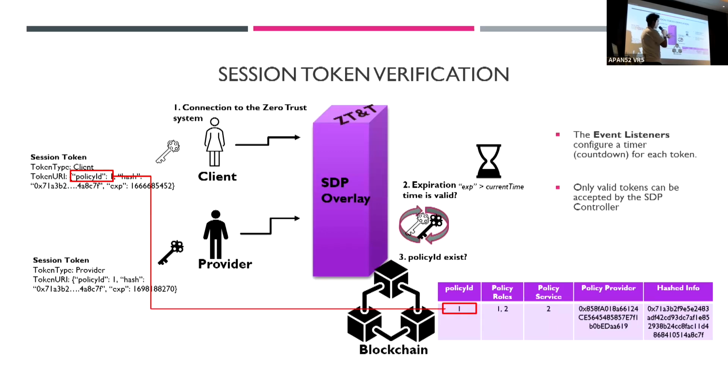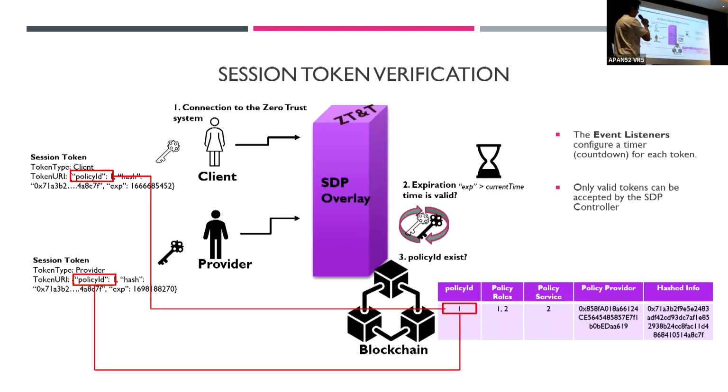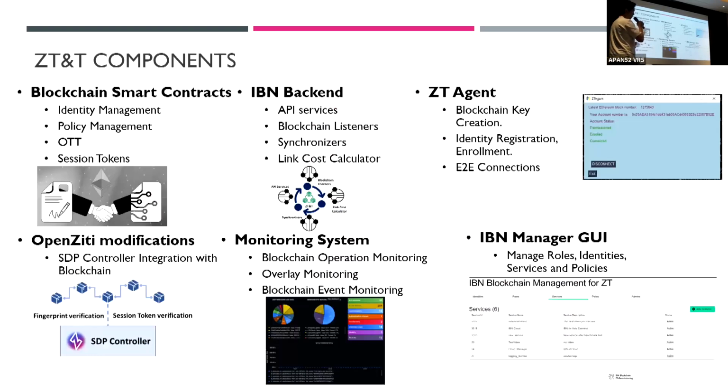So they are directly mapped or directly linked to themselves. So the information of a token that a client is presenting should exist in the blockchain itself. So these verifications are automatically being triggered by the zero trust and touch system. And of course, if verifications are granted, the end-to-end connection happens.